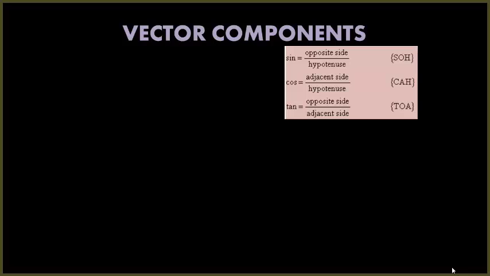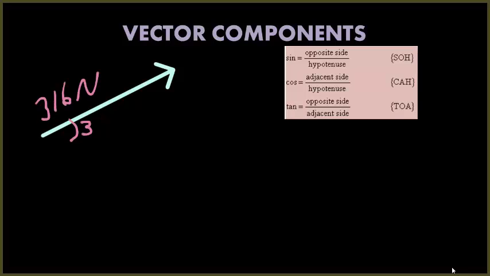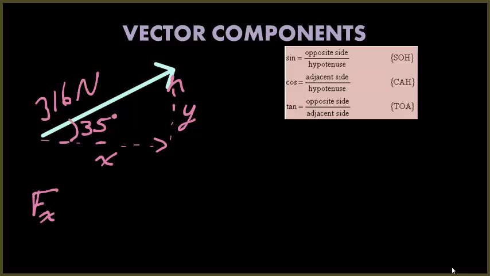Okay, let's try one more example together. I'm going to draw a vector that represents 316 newtons of force directed at a 35-degree angle. Again, just like we did before, split that force into x and y components. To find my force in the x direction, look at where it's at relative to the angle that's given.